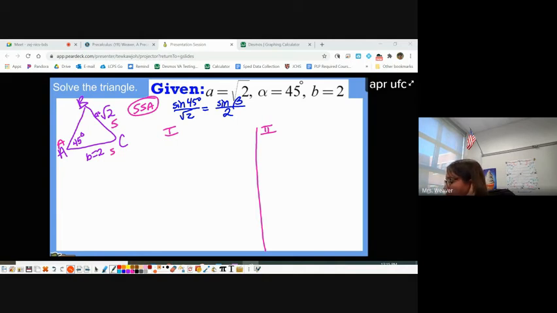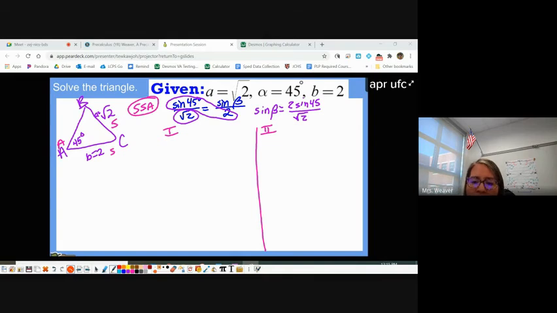Now, when we cross multiply and divide, we get that the sine of beta equals 2 sine 45 divided by root 2. Now, we know the sine of 45 because we've been using the unit circle.